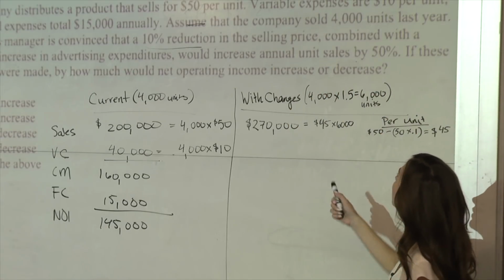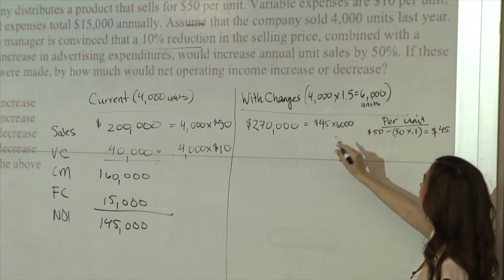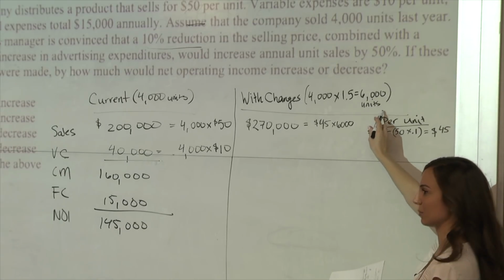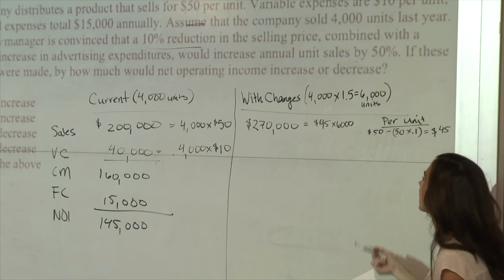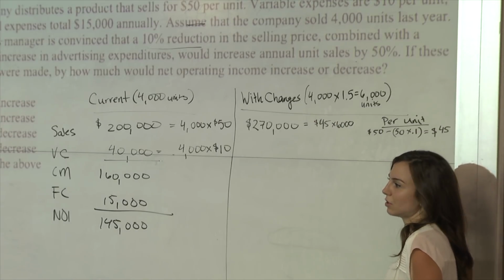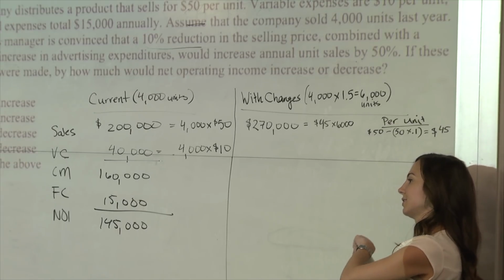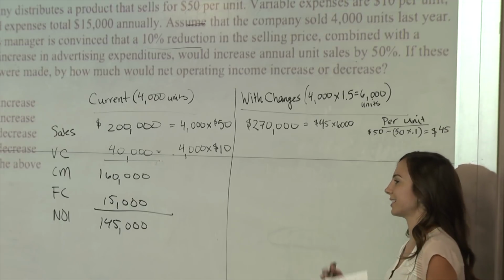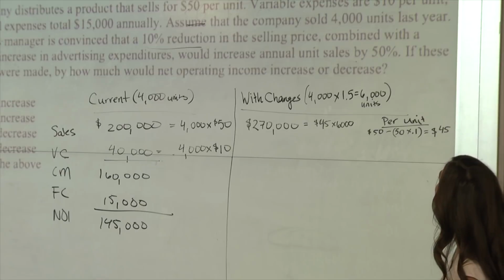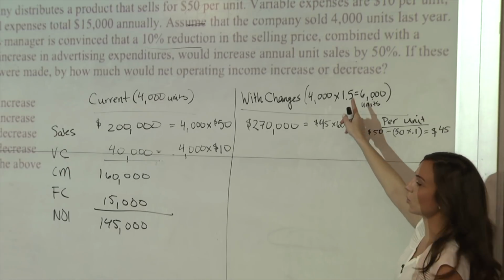The way that you increase a number by 50% is you just multiply by 1.5 to get the new number of units. But another way to look at it, if it's easier, is say, what's 50% of 4,000? 2,000. So add that to the 4,000. 4,000 plus 2,000 is 6,000, the new number of units. No problem. So if you had a 30% increase, you would have a 1.3 here.